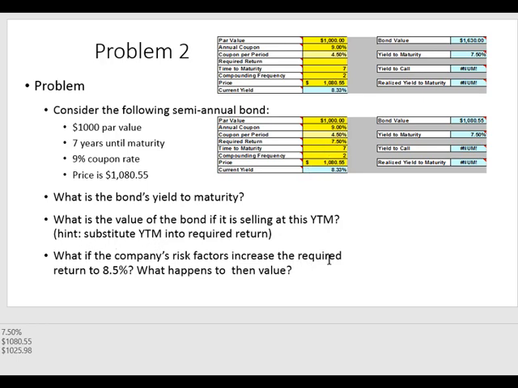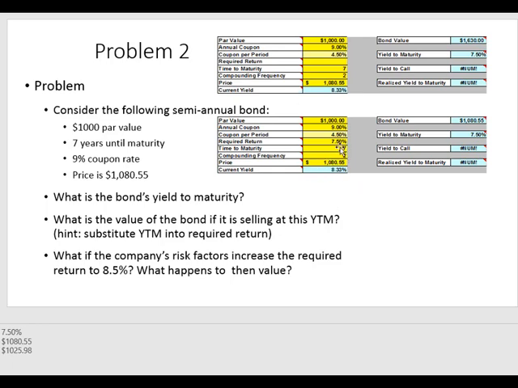What if the company's risk factors increase the required return to 8.5%? What's going to happen to value? If risk increases, we know the required return increases. So if 7.5 goes to 8.5, what happens to value? You can plug that in if you want to do this problem.